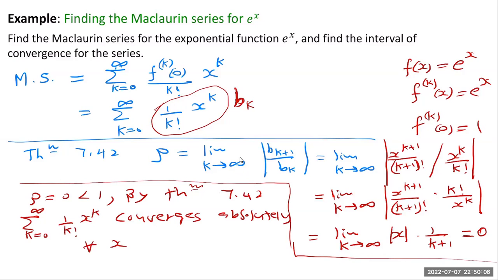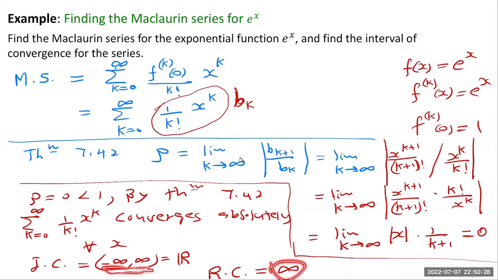That means the interval of convergence is minus infinity to infinity, or equivalently you could write R, the set of all real numbers, and the radius of convergence, RC, is going to be infinity. It's half of the length of this interval, which is clearly infinity. Okay, all right. That completes that example.